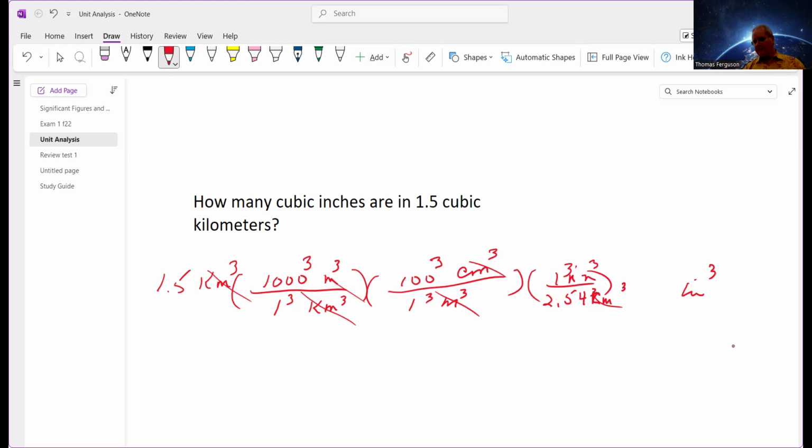Okay, so this is another cubic one. So you can do it one of two ways. You can work out the cubes individually and put them in, or you can just do it as you're doing the calculation.